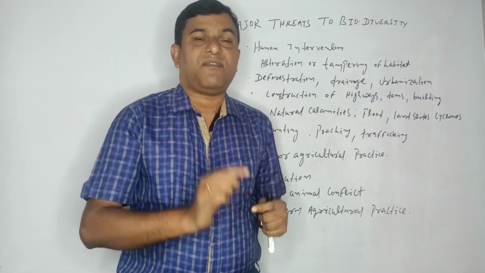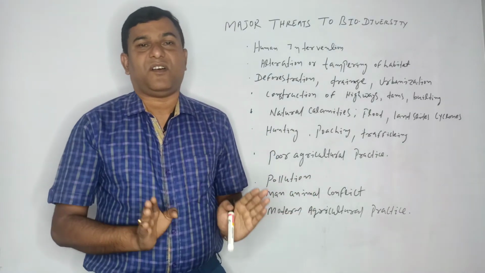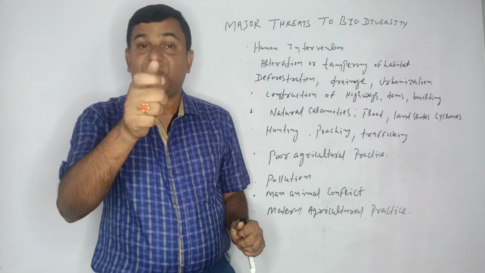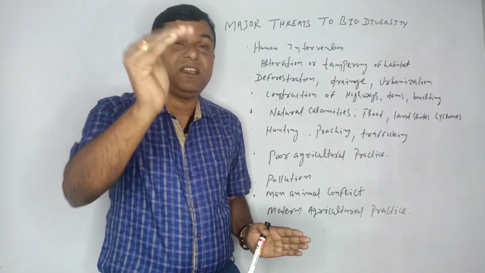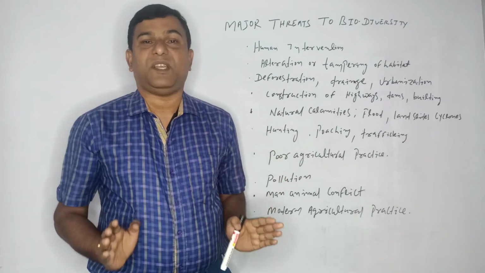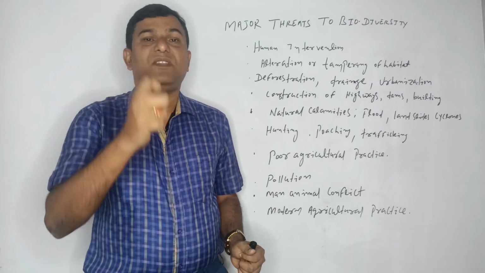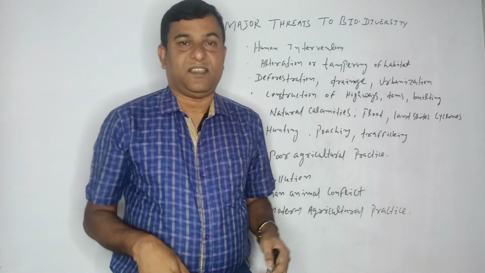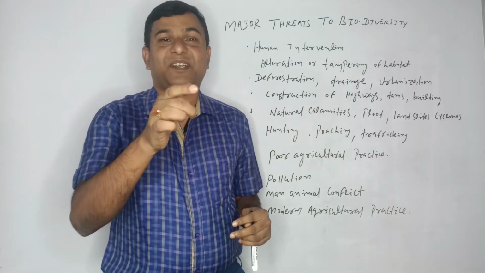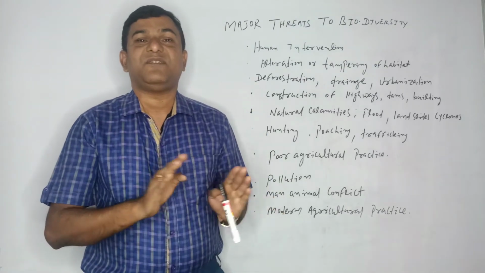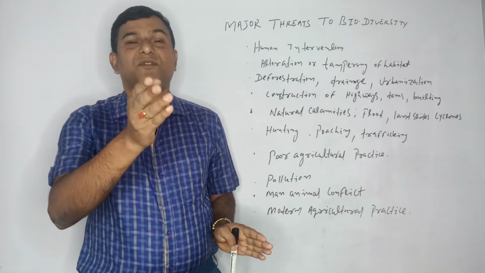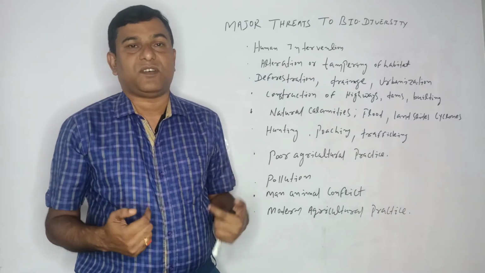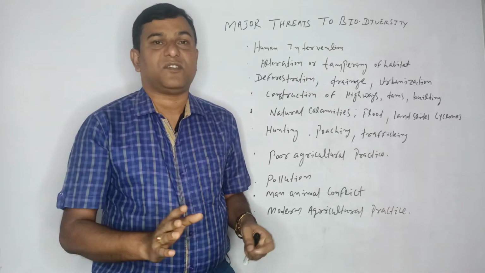That means the flora and fauna of the world is severely affected due to pollution. Because the food we eat, the water we drink, the soil we stay on is polluted day by day. So definitely it will affect not only us but also others.